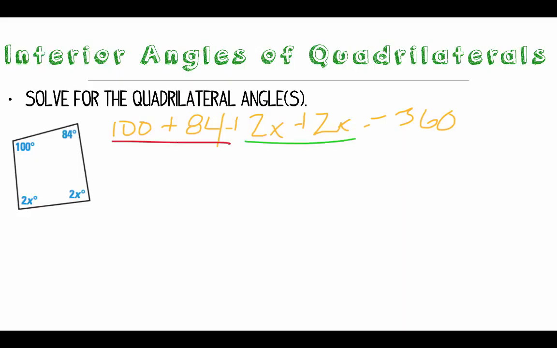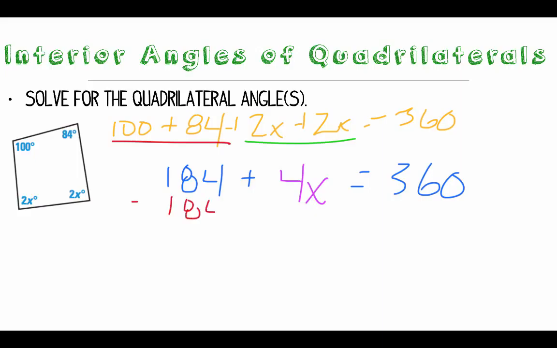Now that I have that, I want to take a moment to combine my like terms, and I'm a big fan of highlighting, underlining, making sure that I can quickly see the differences there. 100 plus 84 is 184 plus 4x equals 360. I tried to color coordinate on this just to make it a little bit easier. So the next thing we're going to do is subtract 184 in a way to isolate x.